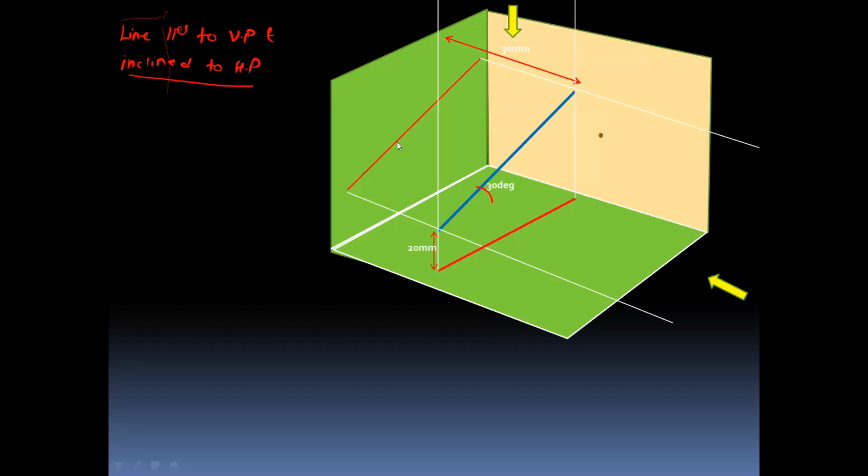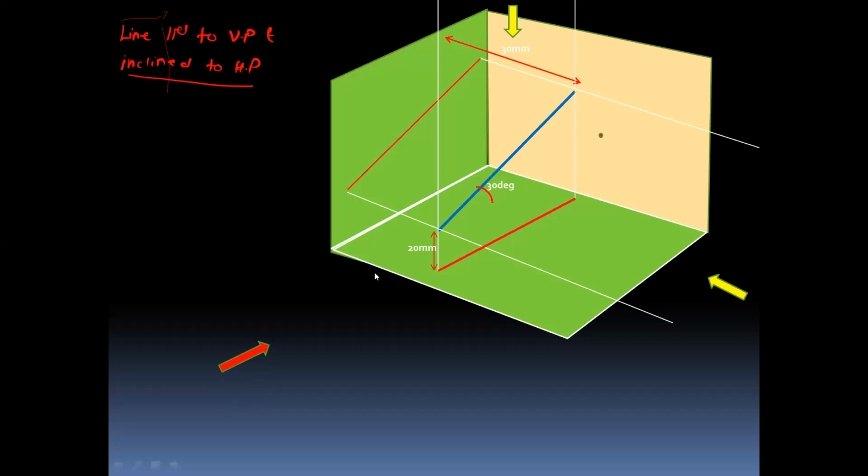Suppose we want to draw the side view for this line. So this is the right profile plane. Now we will observe from the left direction. From the left direction, we will observe a line.